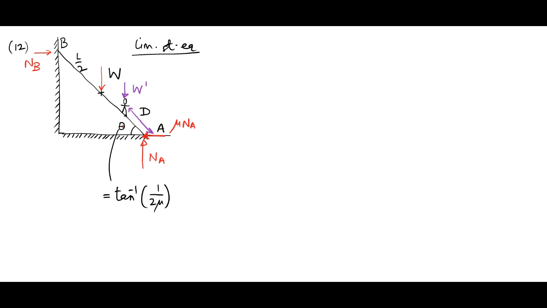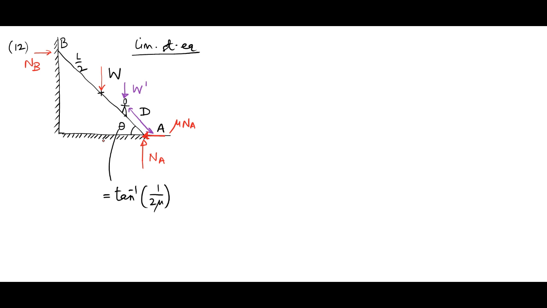It is equal to tan inverse 1 upon 2 mu, because the question states in the first sentence that the ladder, before the man starts climbing, rests against the rough floor and the smooth wall such that slipping impends. So the conditions of question number 10 are being recreated even before the man starts to climb. So naturally the angle must be the angle which we calculated in question number 10, and that's tan inverse of 1 by 2 mu.